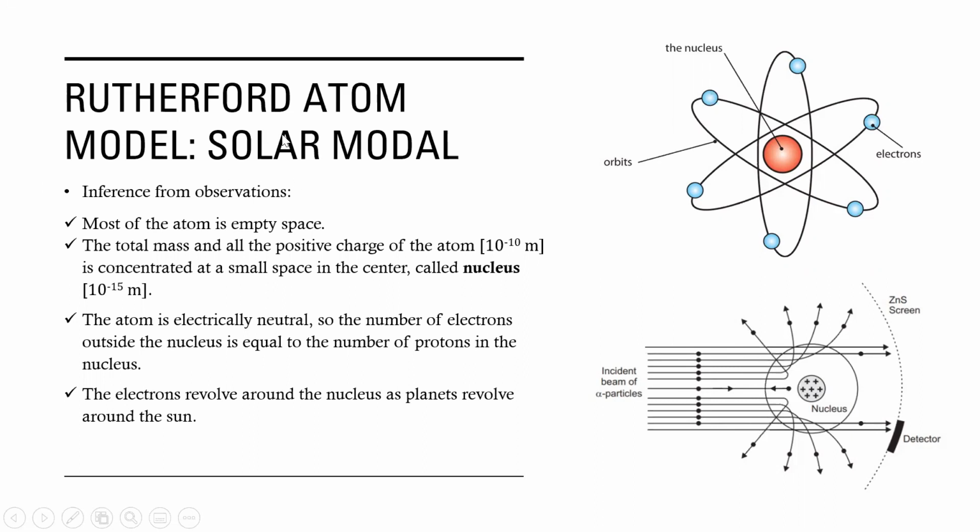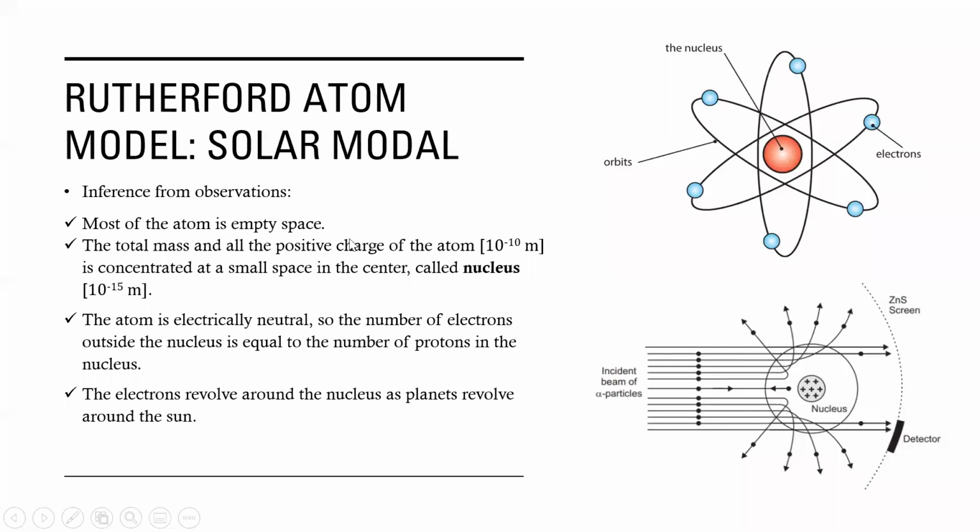So from all these observations, Rutherford made the following inferences, and these inferences led to the discovery of the Rutherford atom model, which is also called the solar model. Let us see what it states. Most of the atom is empty space.